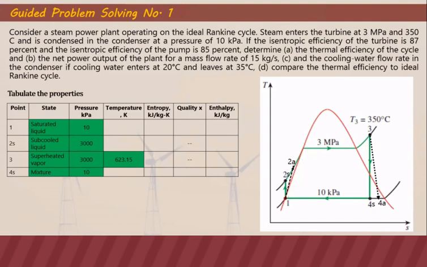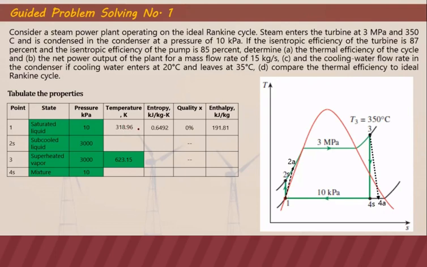4A and 2A represent the deviation from the ideal. So this is the actual, and the actual path is the broken line. Using our software, inputting saturated liquid at 10 kPa, our temperature, entropy, quality, and enthalpy are as follows.